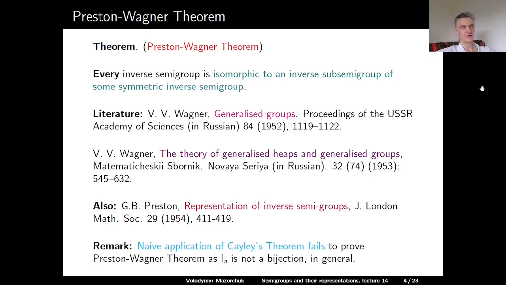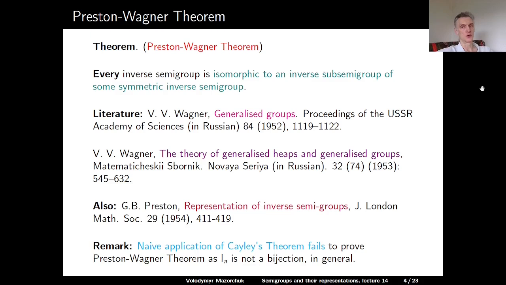Note that a naive way to prove Preston-Wagner's theorem by mimicking the proof of Cayley's theorem will fail, because the left multiplication with an element A, so the transformation of an inverse semigroup given by a left multiplication with an element A, is in general not a bijection.